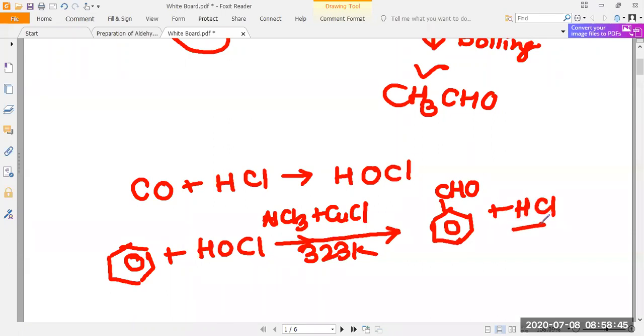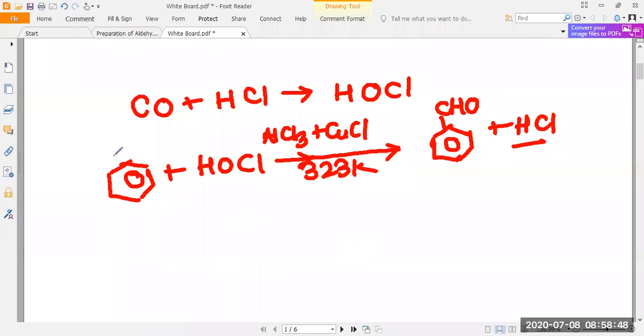And if I take toluene in the place of benzene, then the reaction goes like this.